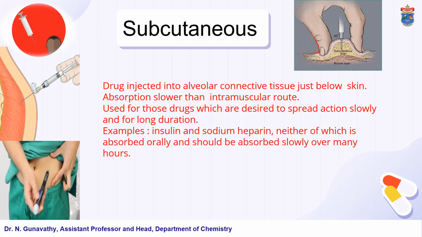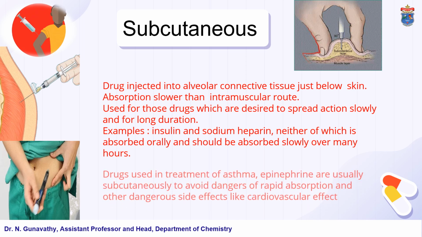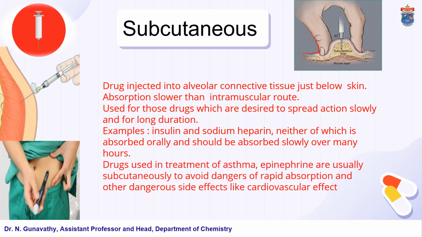Example, insulin and sodium heparin, neither of which is absorbed orally and should be absorbed slowly over many hours, are administered subcutaneously. Drugs used in treatment of asthma, epinephrine, are usually given subcutaneously to avoid the dangers of rapid absorption and other dangerous side effects like cardiovascular effect.